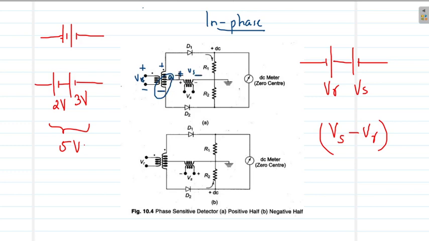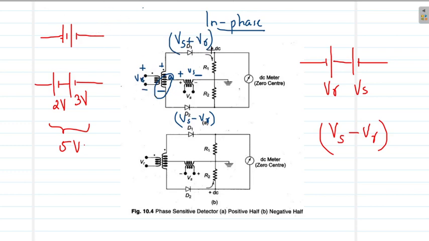The positives are connected together, and as a result, the voltage along the bottom half of the circuit is Vs minus Vr if Vs is greater than Vr, while the upper half develops a voltage of Vs plus Vr. All this during the positive half cycle itself.